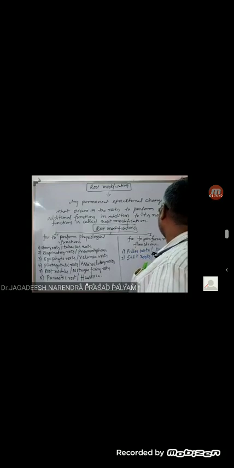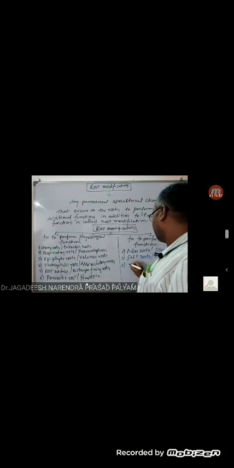Number three, climbing roots, balancing roots.